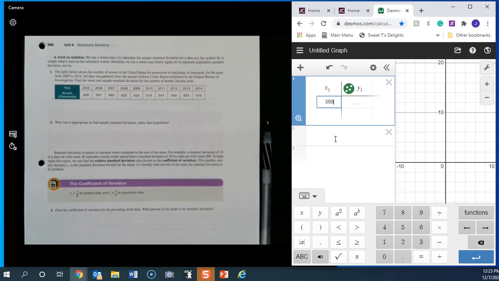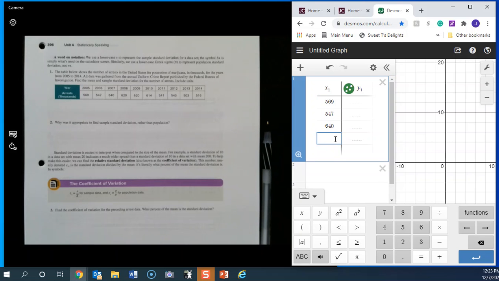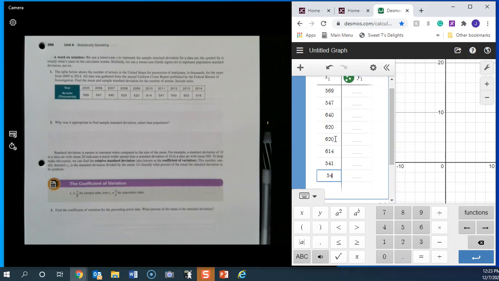So we have 569, 547, 640, 620, 620 again, 614, 541, 543, 503, and 516. Okay, so we put in all the data.